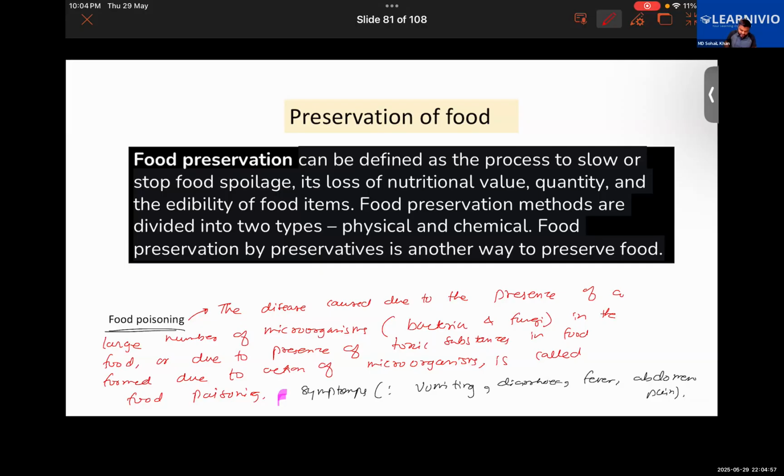The most common bacteria that leads to food poisoning is salmonella. Salmonella is an example.